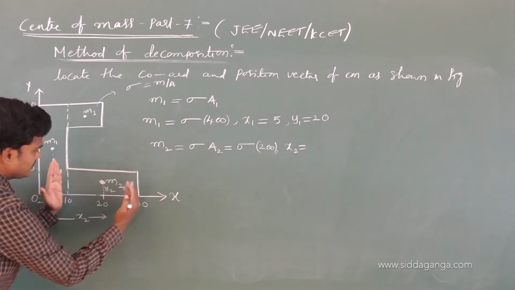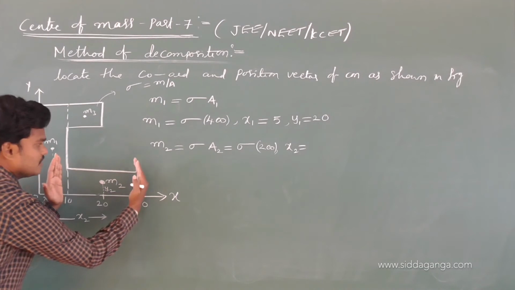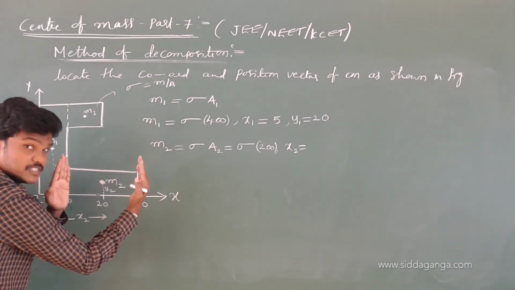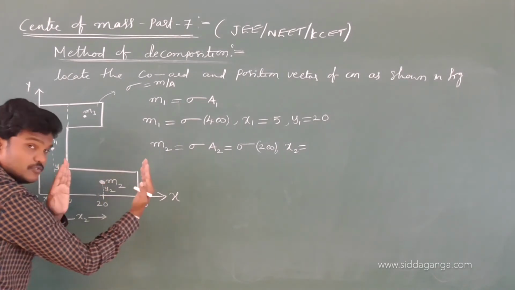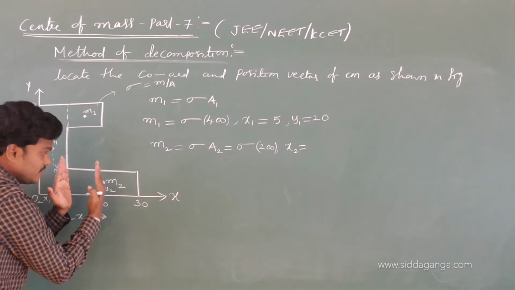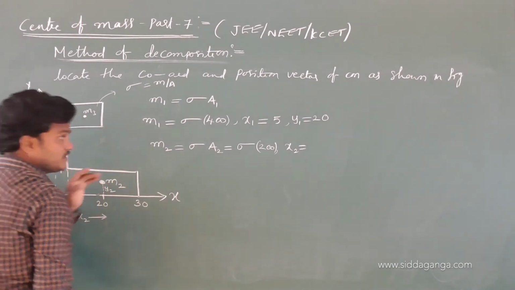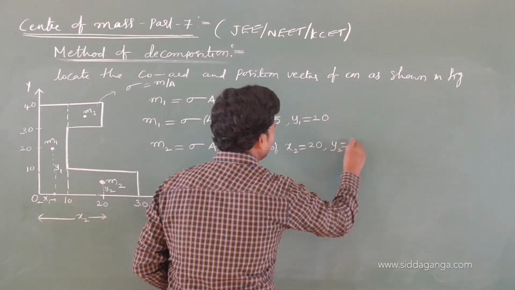What is the length of this piece? 20, correct. So the center of mass of this piece is at 10 from its start, and its start is at 10. So x2 is 20. y2 is 5.